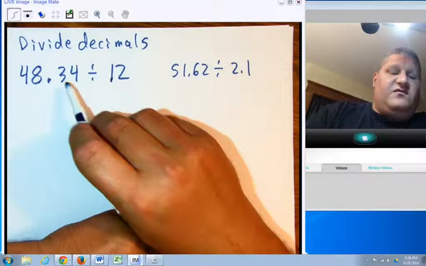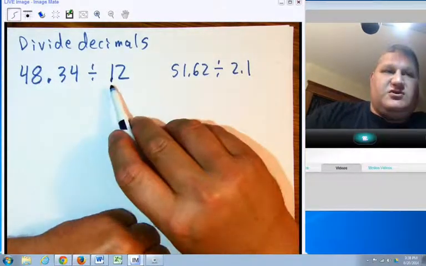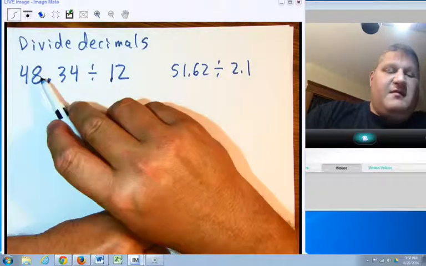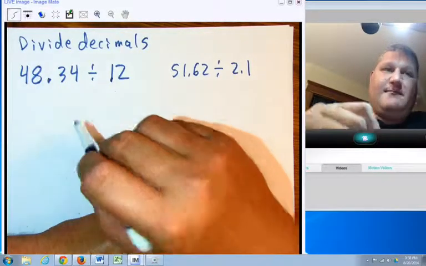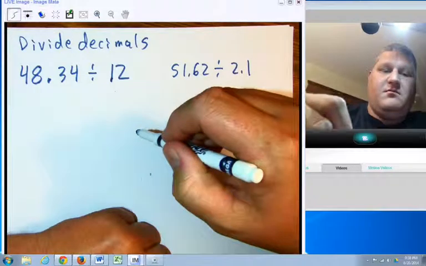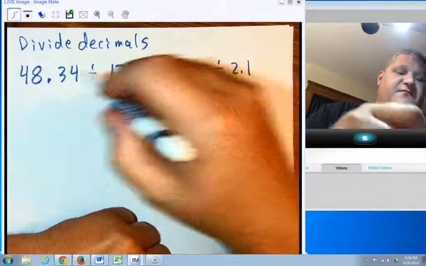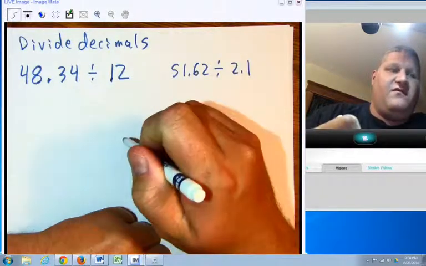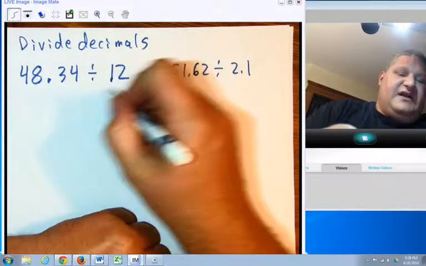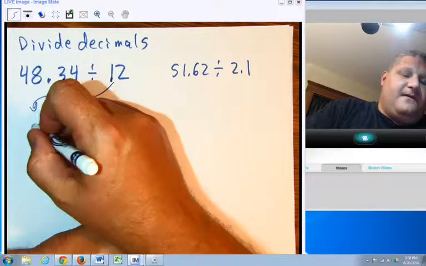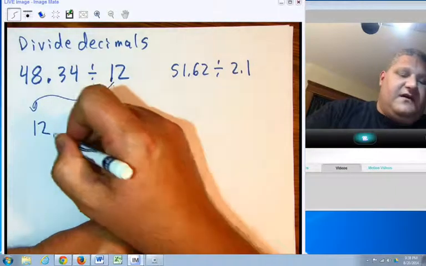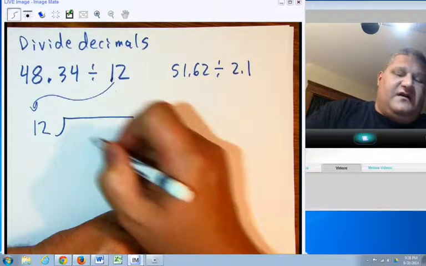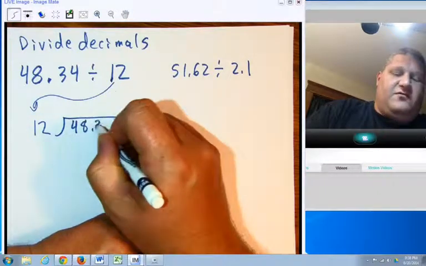So it's all a matter of getting to algebra. With this, we first need to deal with division, because remember, like subtraction, 8 minus 4, the 4 stays at the back, but 48.34 divided by 12, we actually have to put the 12 up front, then the divide sign, then 48.34.